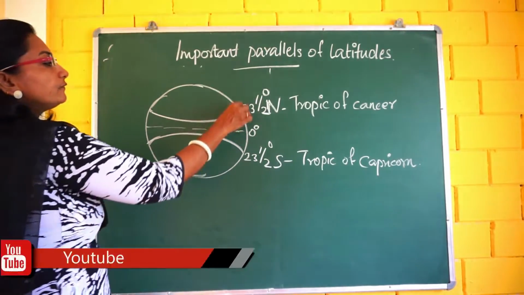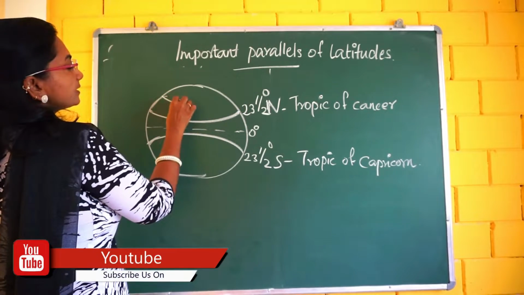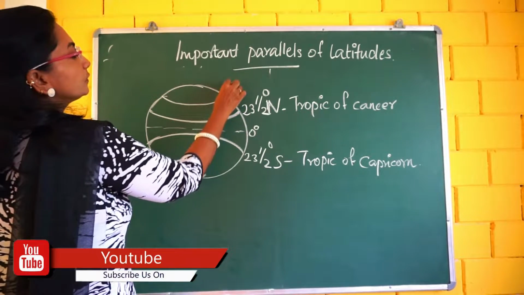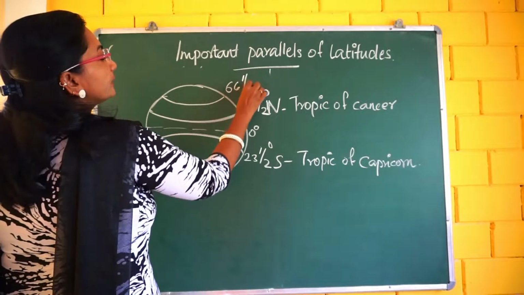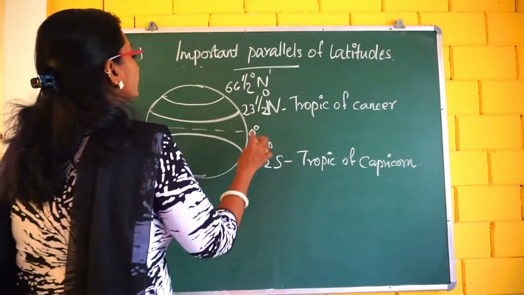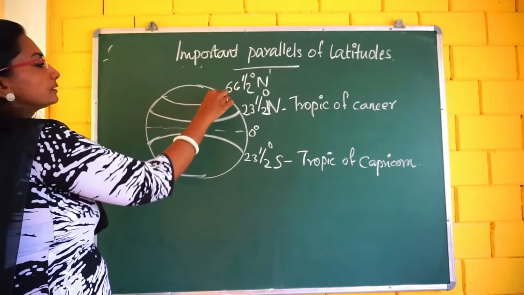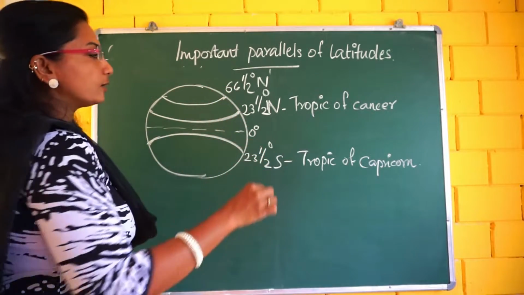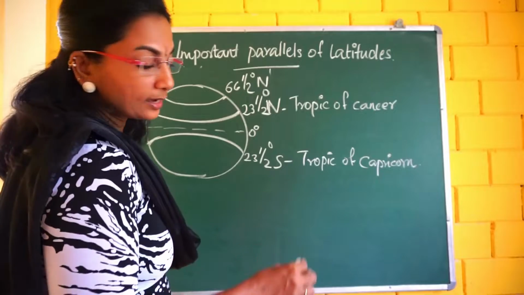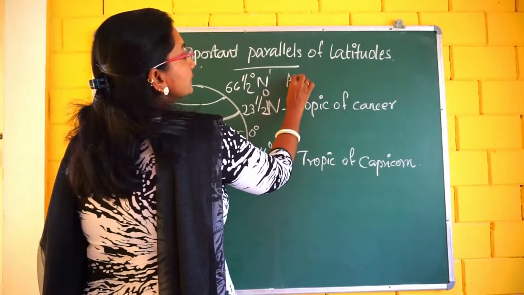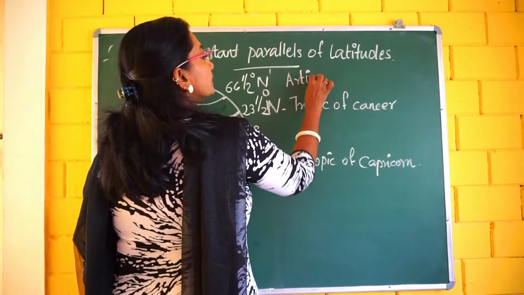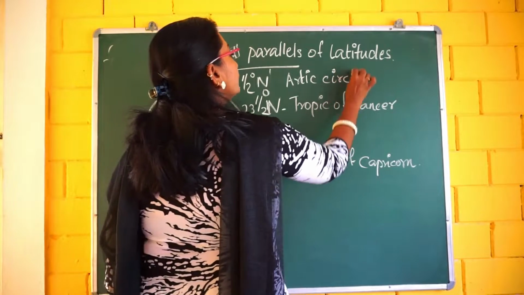Got it? Again from here, 66 and 1/2 degree north, another parallel of latitude is passing, and we call that parallel of latitude the Arctic Circle. Got it?